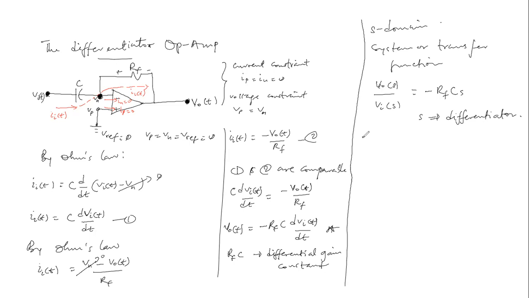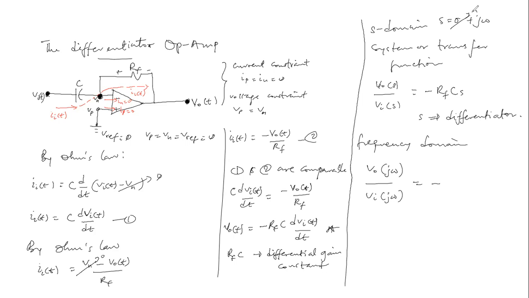While in the frequency domain, that'll be V0 J omega divided by V sub I J omega, which will be the same as negative. Now recall that S is sigma plus J omega.